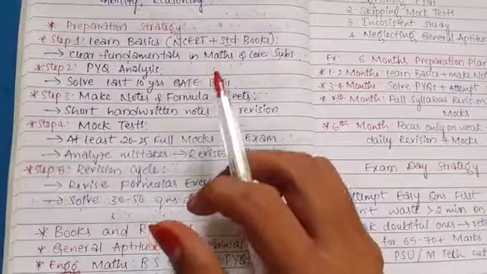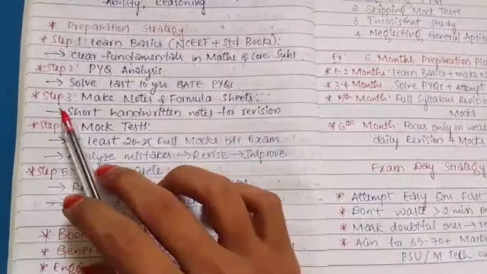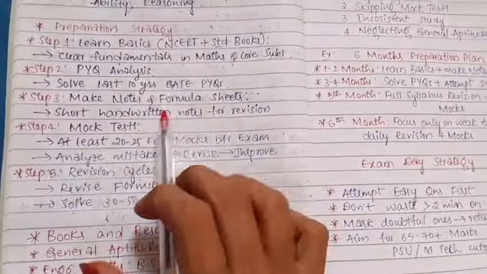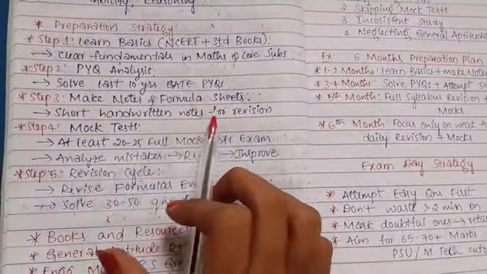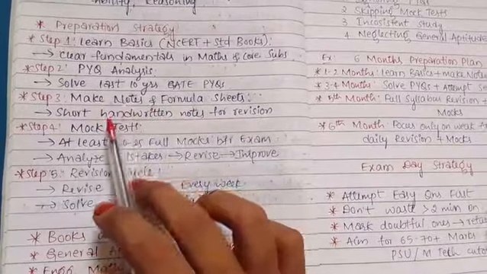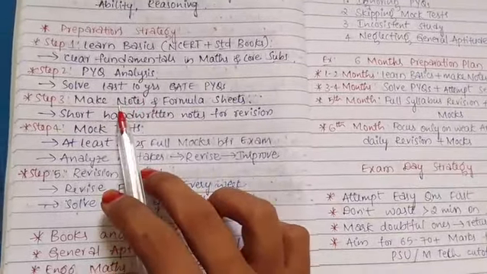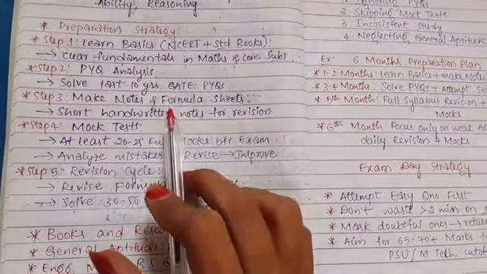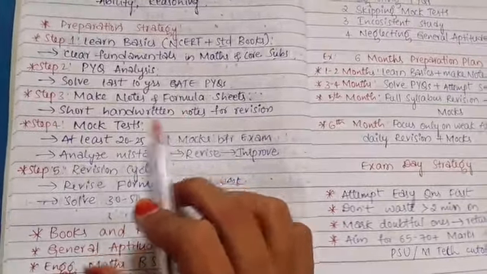You will be able to understand easily. And step 3 is make notes and formula sheets. Short handwritten notes for revision. Write down whatever you study, make notes, make a formula sheet for revision. It will be easy for you.